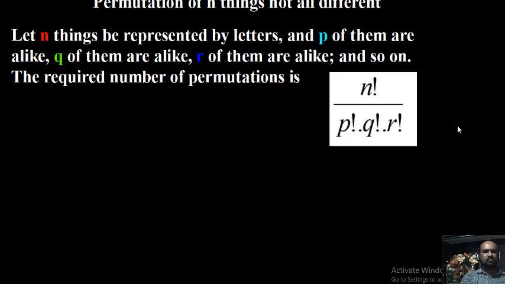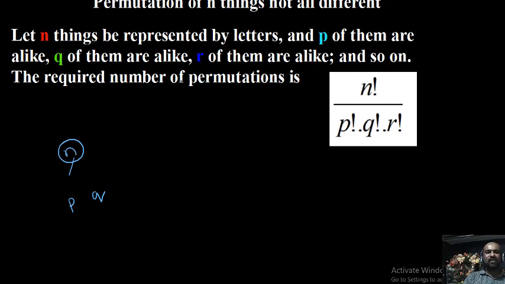Okay students, now I want to generalize the concept. Permutations of n things, not all are different. Here n objects are given, and all are not different. Among n, p things are of one kind, q things of another kind, and r things of another kind, and the rest are different.